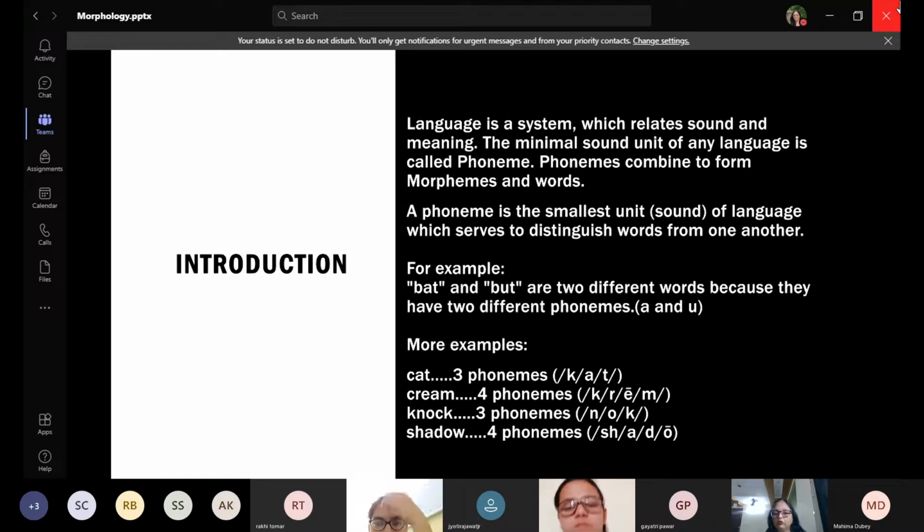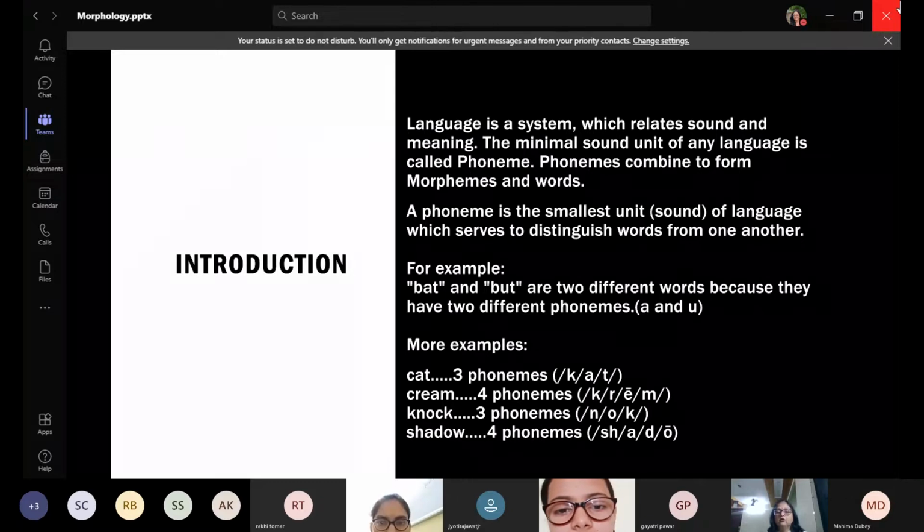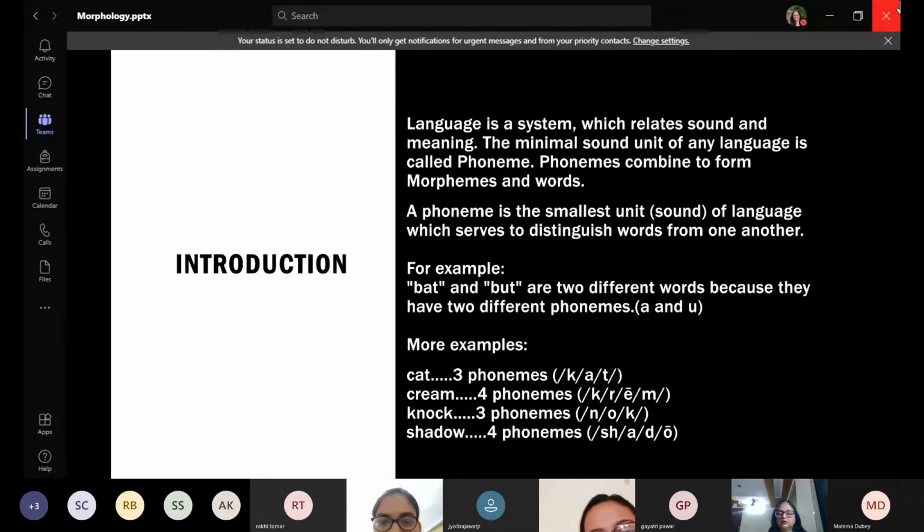So the phoneme, what is phoneme? It is the smallest unit or sound of the language which serves to distinguish words from one another. Right? For example, this is the example that I have given, bat. Right? So in bat, these have three phonemes, right?